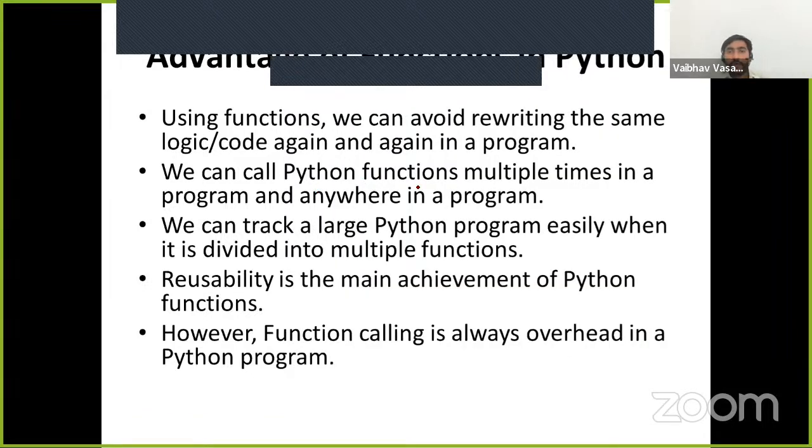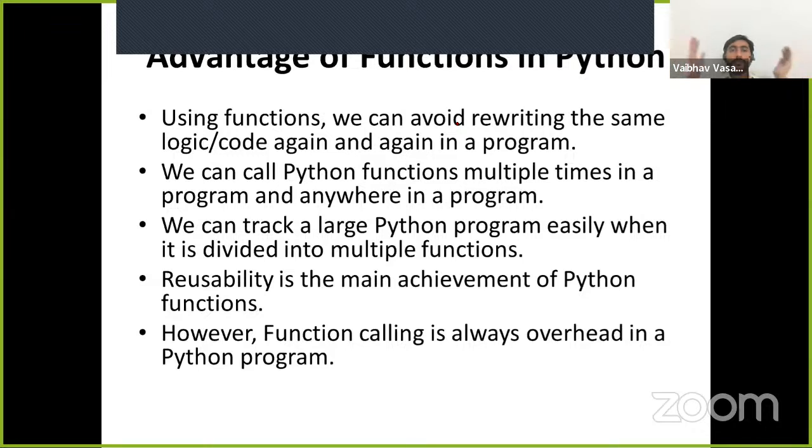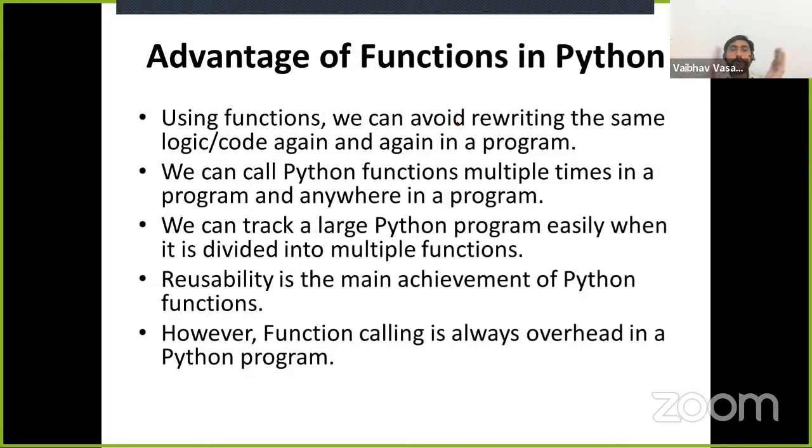So we can call Python functions multiple times in a program and anywhere in a program. We can track a large Python program easily when divided into multiple functions, which I told you at the beginning. That is the reason we are writing functions, because we are dividing a larger Python program into smaller programs, or a larger task into small functions or small tasks, which makes things easy.